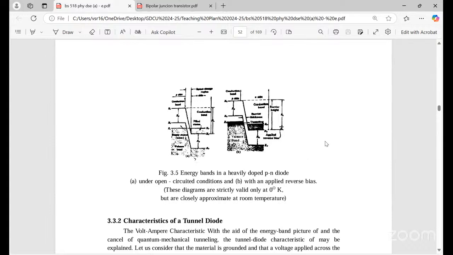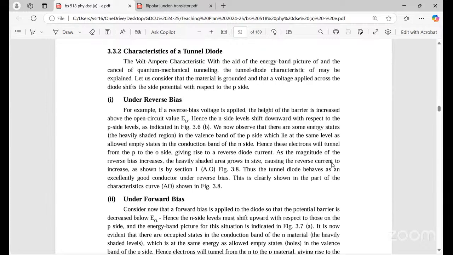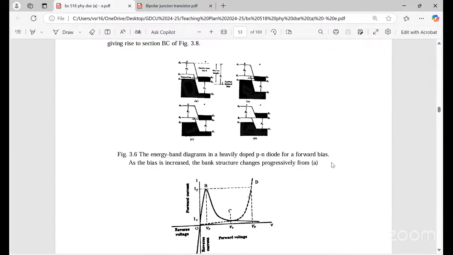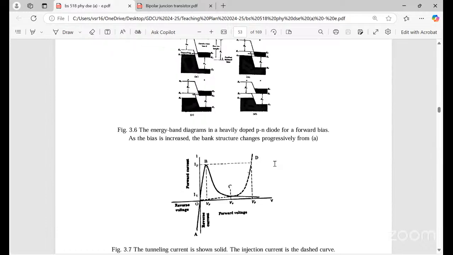In the PN junction diode, tunneling takes place under two conditions: one is open circuit conditions, the other is with applied reverse bias. These are the conditions here. The characteristics under reverse bias as well as forward bias you need to discuss, and you need to draw the diagram for that.